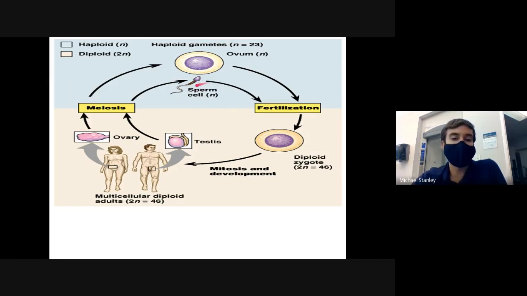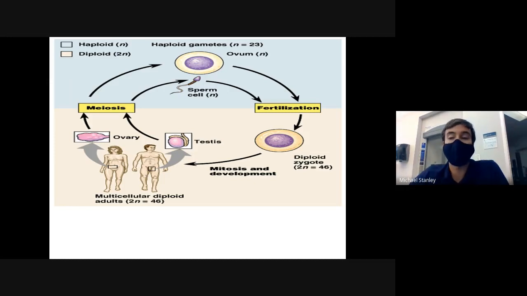But if our sperm cells and our egg cells both were diploid, both had 46 chromosomes, when these guys come together, they combine their chromosomes. This is why you get half from your mom and half from your dad. So if this guy was 46 and this guy was 46, we'd end up with a new cell that had a combined 92 chromosomes. And obviously in human cells, that does not work.